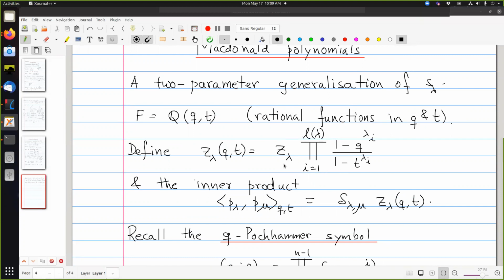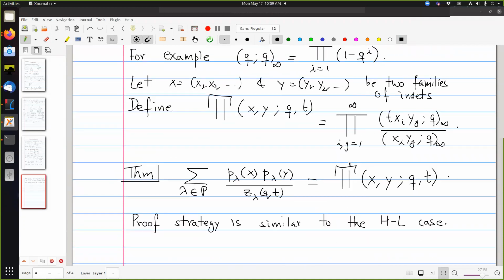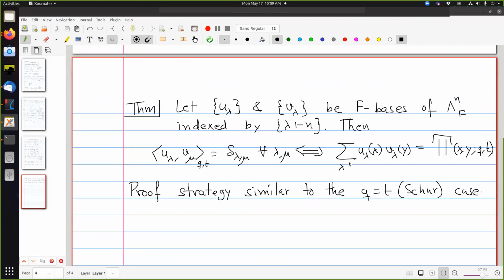Sorry, Z lambda QT, they cancel when Q equals T, because of this ratio. If you want, take Q equals T equals 1, or 0. I mean, you're thinking of it as a limit, but yeah, you can take some fixed value.